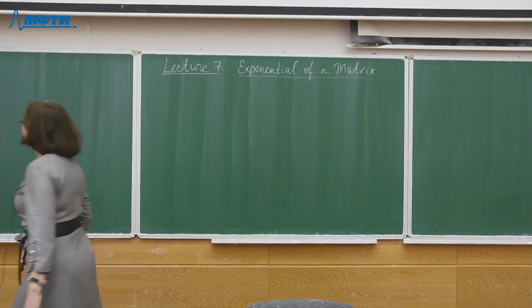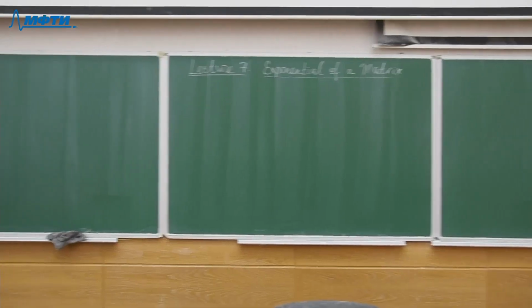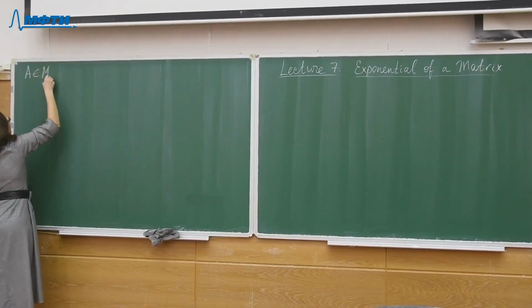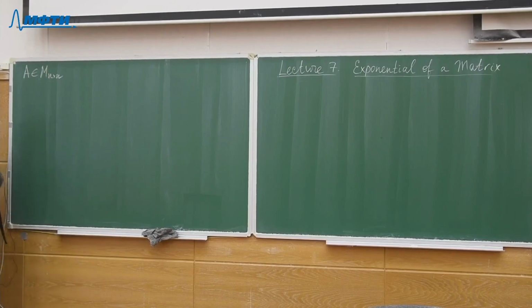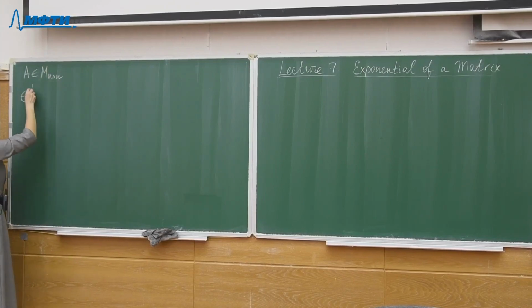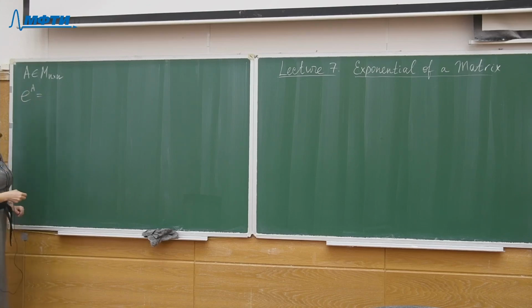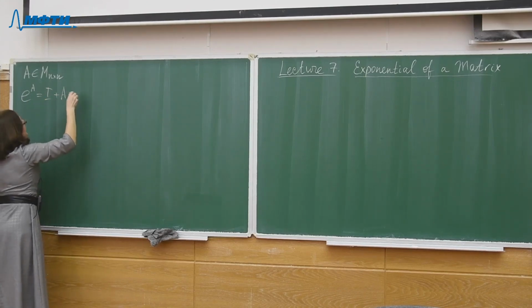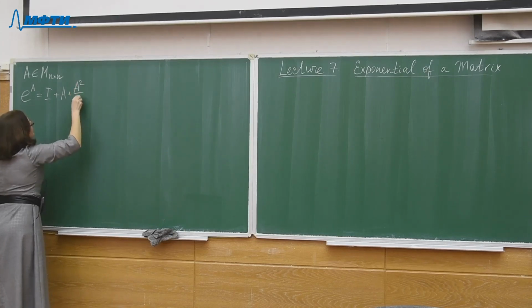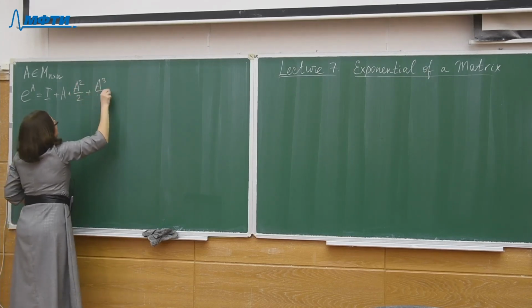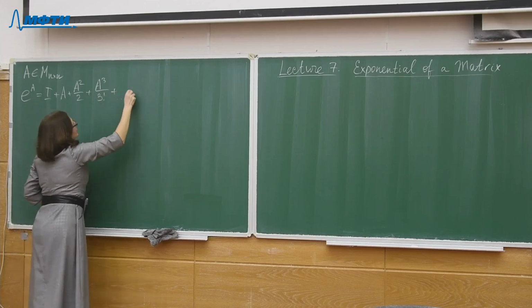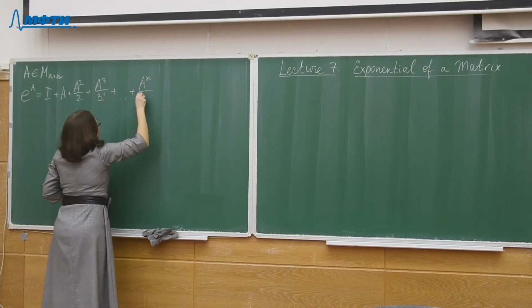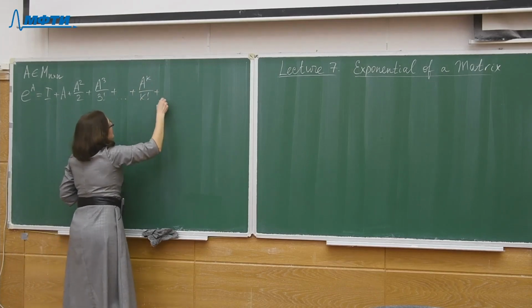I gave a formula. So for any square matrix A, we can introduce the operation e to the power A given by the following formula. So the identity matrix plus A plus A squared over 2 plus A cubed divided by 3 factorial plus dot dot dot plus A to the k divided by k factorial.